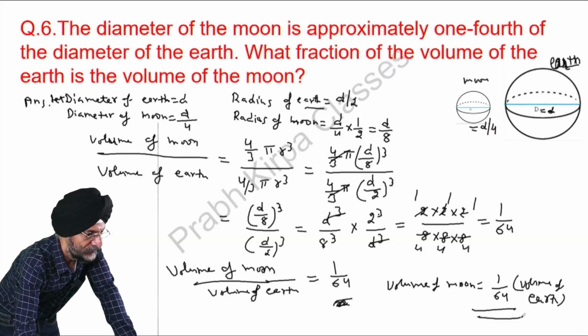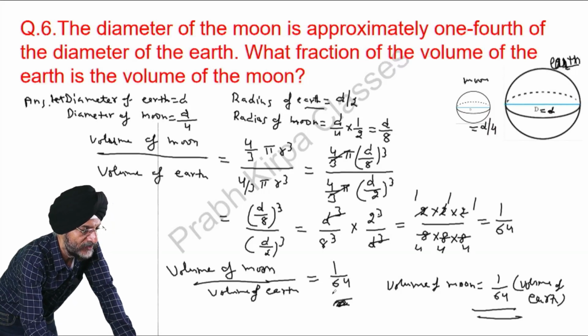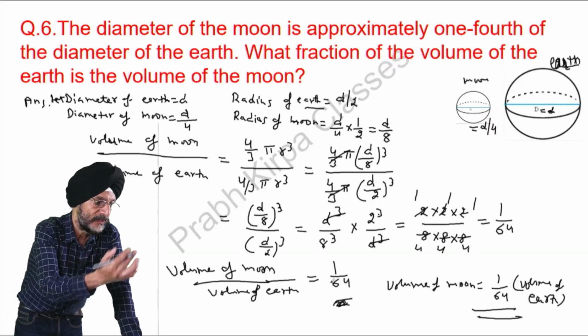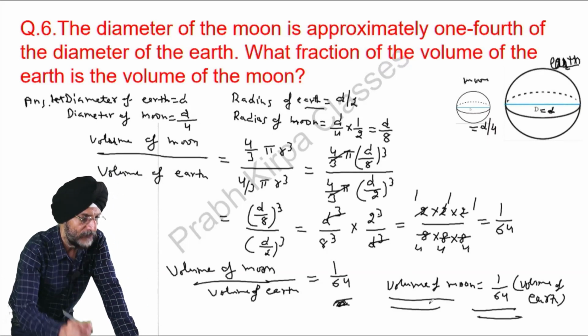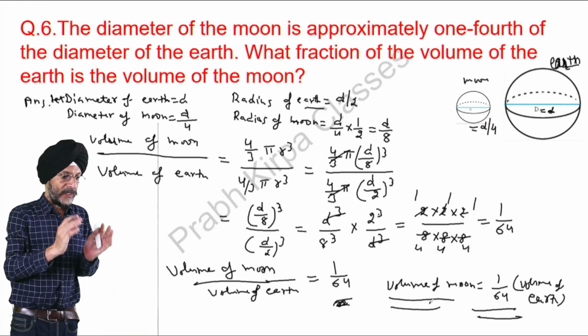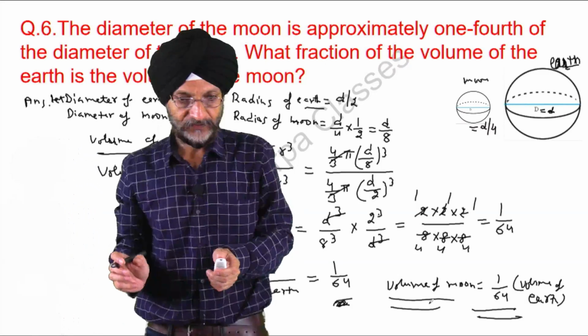This is the answer, because when the volume of moon is 1, the volume of earth is 64 times the volume of the moon. So the volume of moon is 1 divided by 64 of the volume of earth.